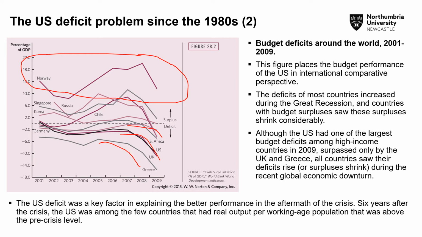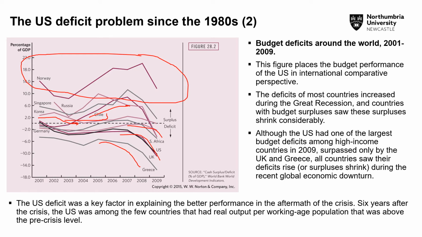Countries such as Chile have a bit of a deficit, so they do not seem to be in trouble. And then we also have Korea, which runs a more or less balanced budget. In other words, it is not heavily in a surplus or a deficit.